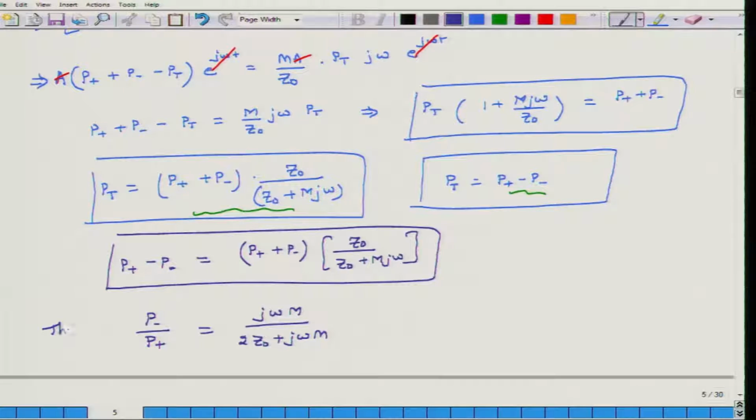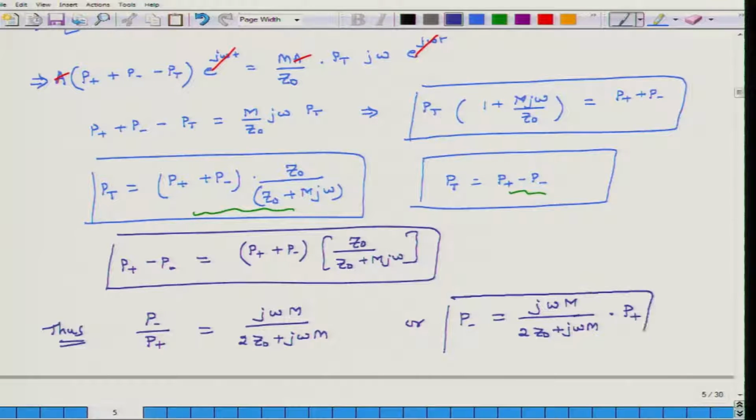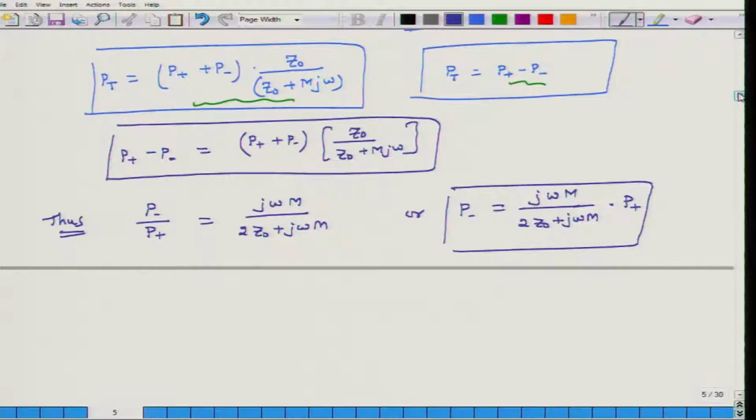So, this is what we get. P minus over P plus is this thing, or P minus equals j omega m divided by 2 Z naught plus j omega m times P plus. But our goal is to find the ratio of Pt and P plus.